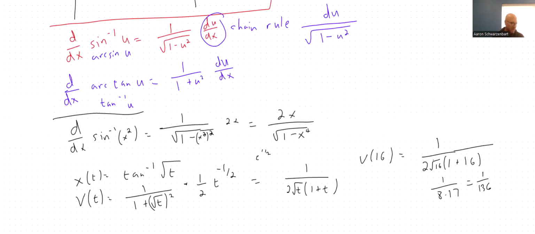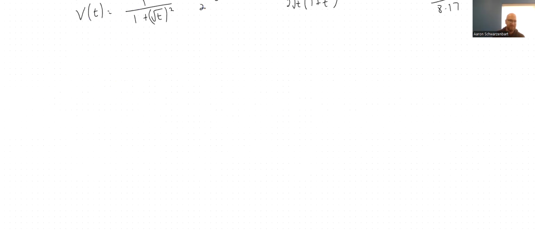If you look in your packet, you'll see the other derivatives of inverse trig functions as well. Well, here's the secant.